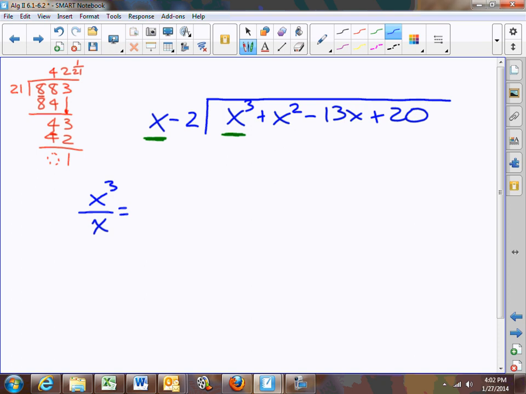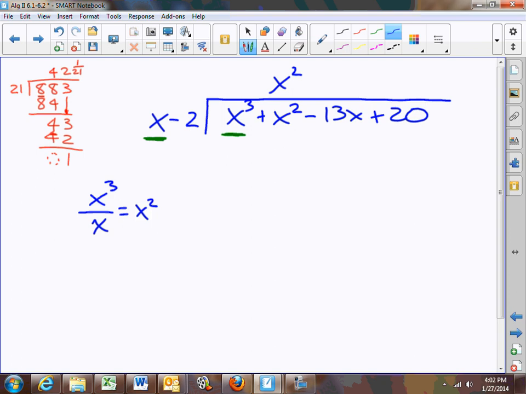So x to the 3 minus 1 is x squared. And that is how many times x goes into x cubed. Now, the x squared gets put in what I would like to refer to as the x squared column. In other words, since we've got a two-term divisor, we put the answer to that question second term over.